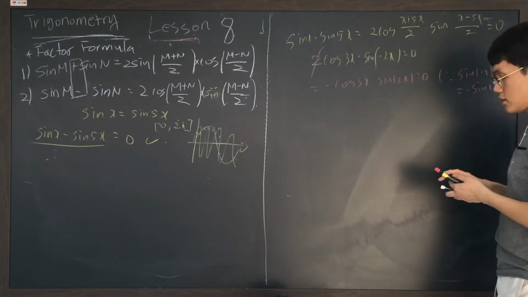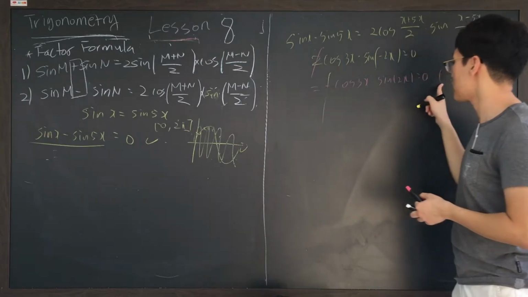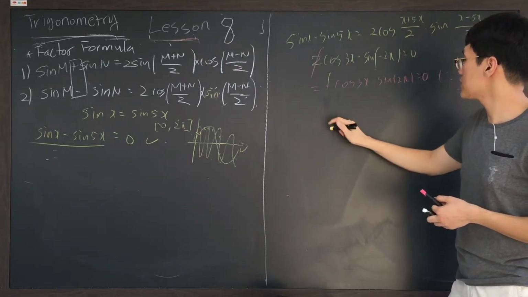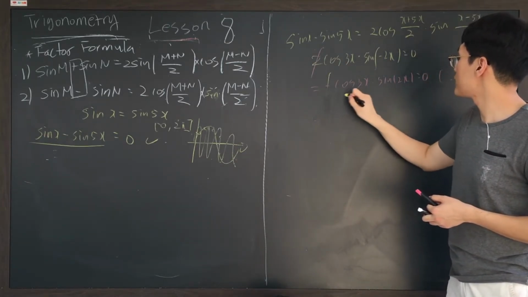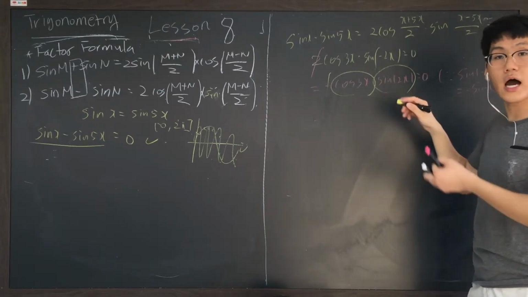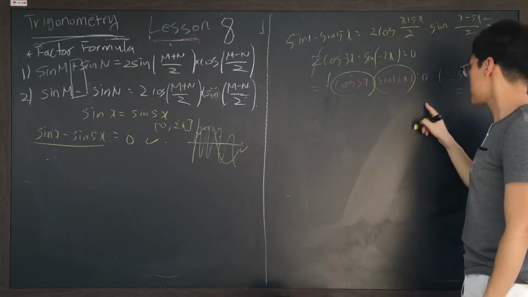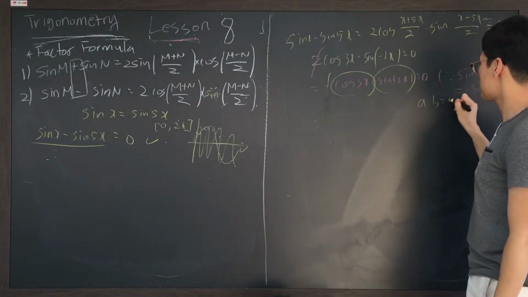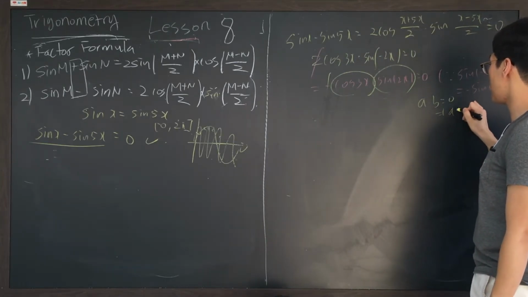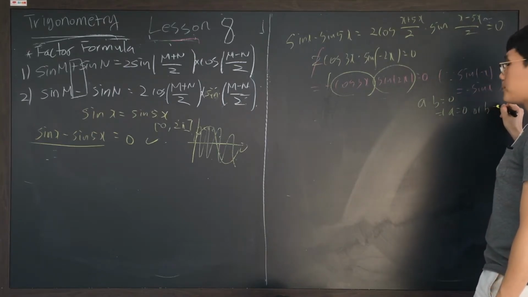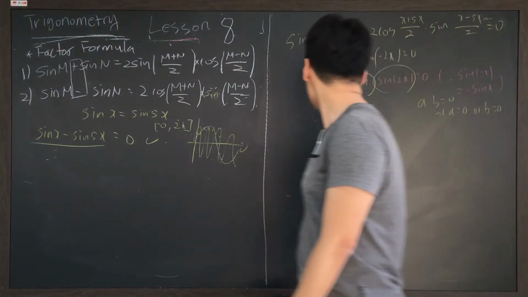Then obviously we can multiply the negative factor again to make it positive on both sides. So I need to solve this or this to be 0. Now we have everything in terms of a product. As we already discussed, a times b is equal to 0 implies either a is equal to 0 or b is equal to 0. Good.